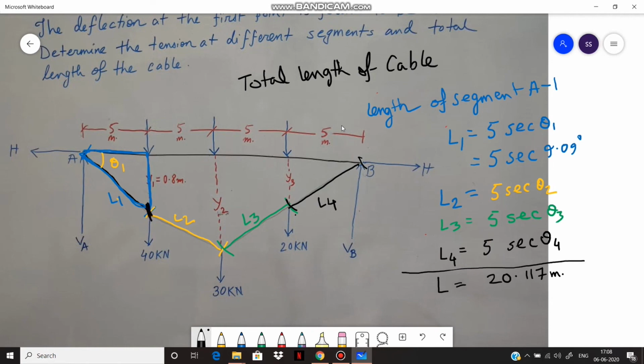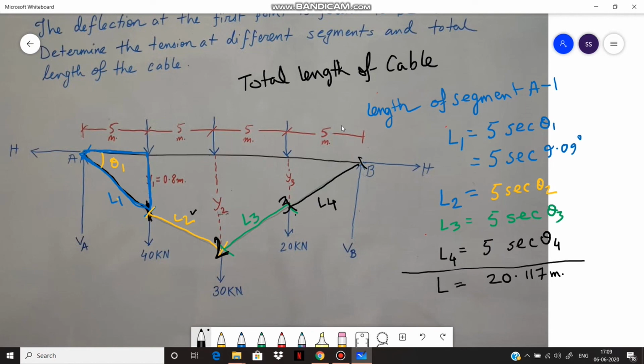This is 1, this is 2, this is 3, and this is B. So L1 is the length of segment A1, and L2 is the length of segment 1, 2, and L3 is the length of segment 2, 3, and L4 is the length of segment 3B.